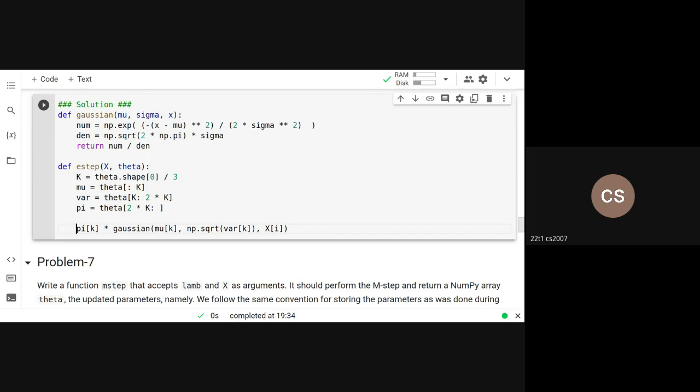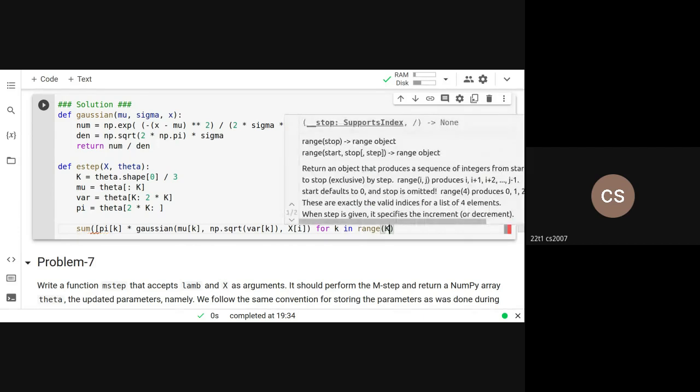So this is for the kth mixture: pi k, the probability that we choose mixture k, and then the density of the point belonging to that mixture. Now, if I sum this, let me know if you understand this.